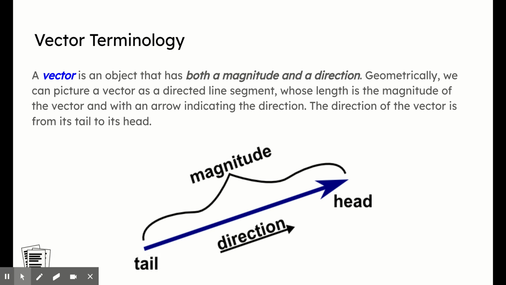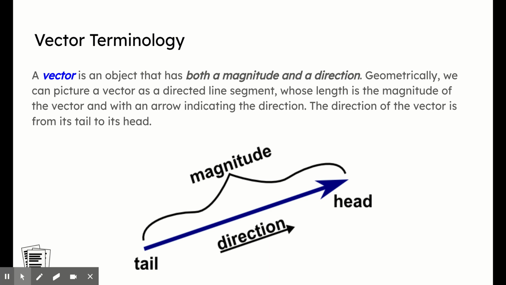Hello. So this is going to be a quick lesson on vectors. And so what is a vector? In the past, we have been playing around with the definition of distance. And where we became a little bit limited was when we started graphing an object as it was traveling in position over time.